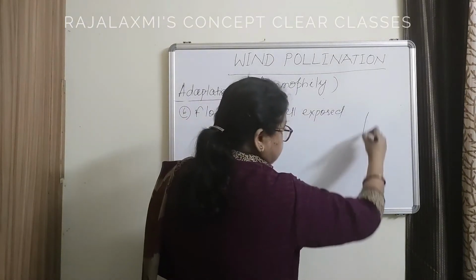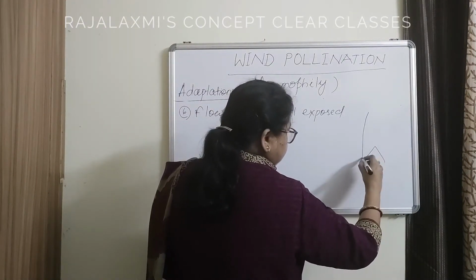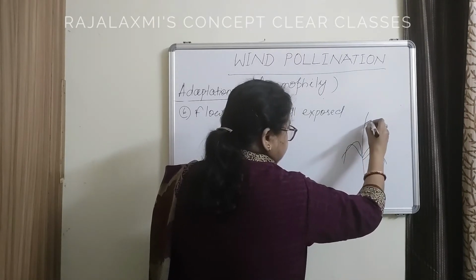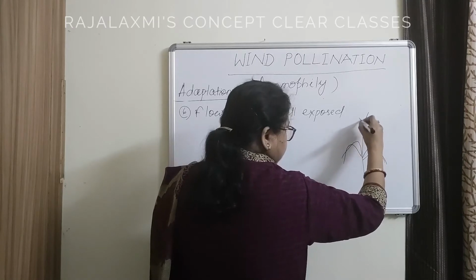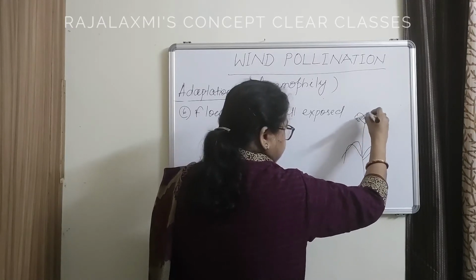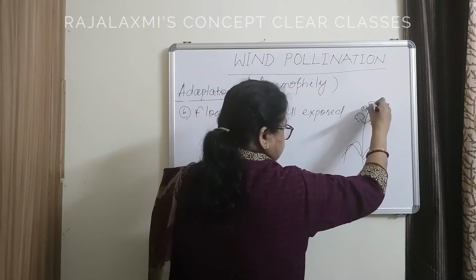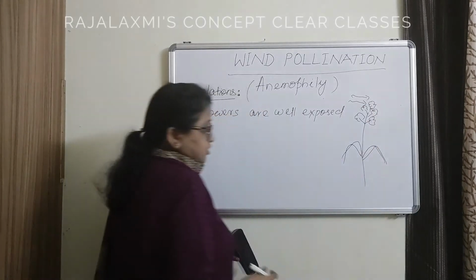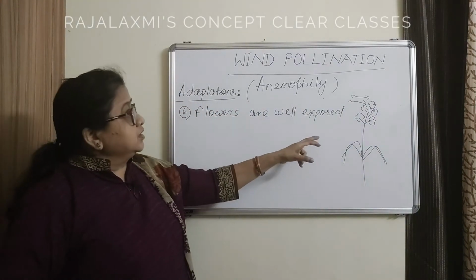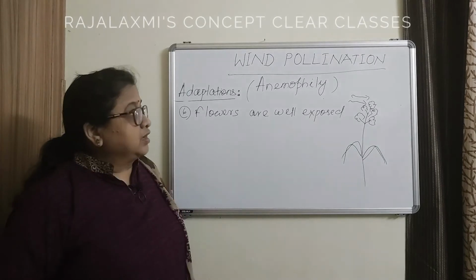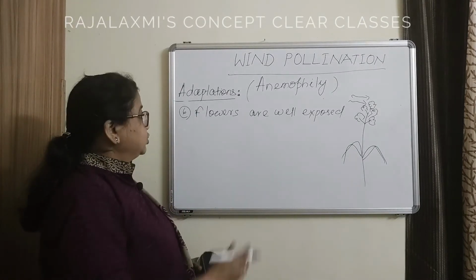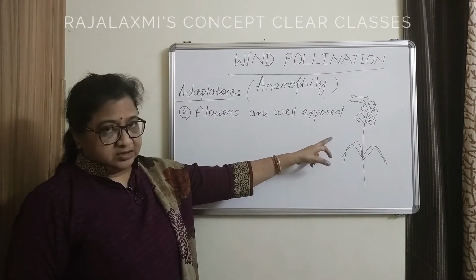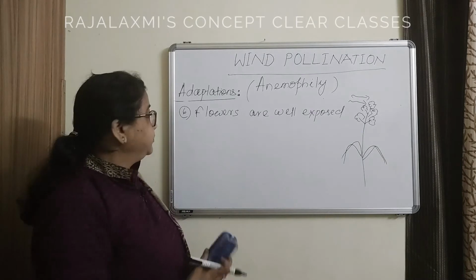Suppose this is the plant, these are the leaves, and generally the flowers are borne at the top position or at the terminal position. So these are well exposed to air or wind. So by this the wind pollination can occur easily.